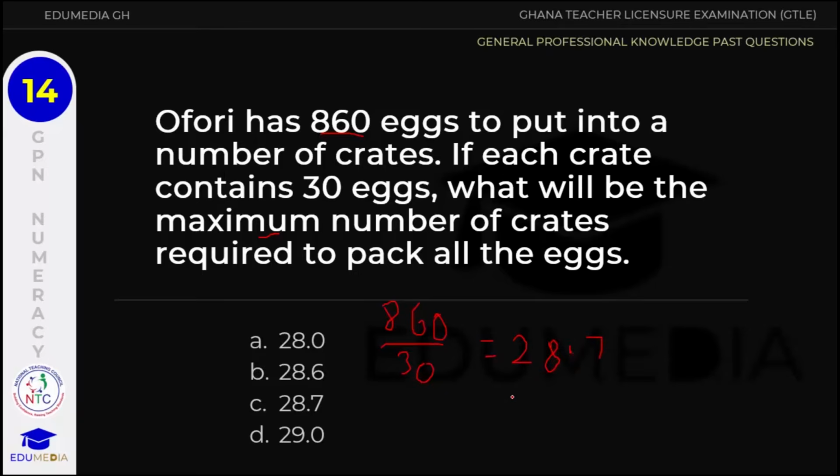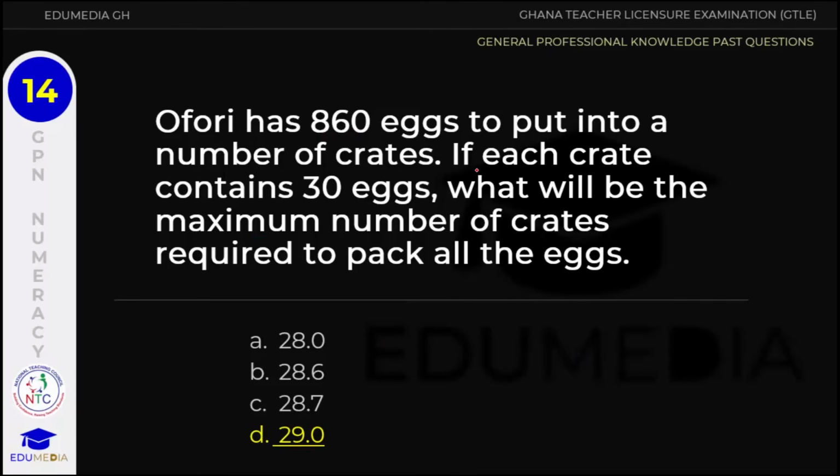But even though we have 28.7 here, we are looking at the maximum number of crates. Therefore, the answer is going to be 29, because you need to round this up to 29. So that's the maximum number of crates that you need to be able to pack in all the 860 eggs.